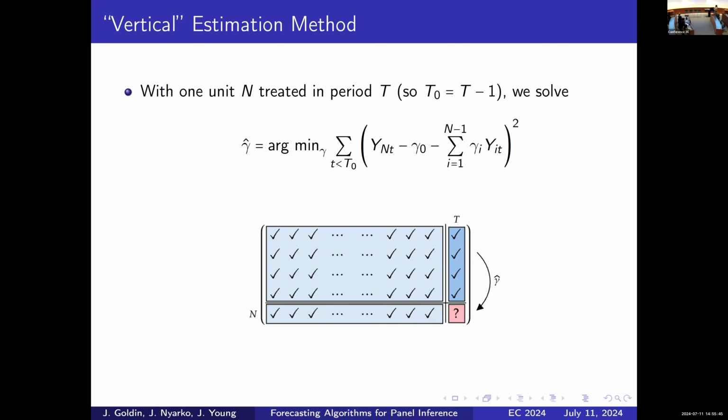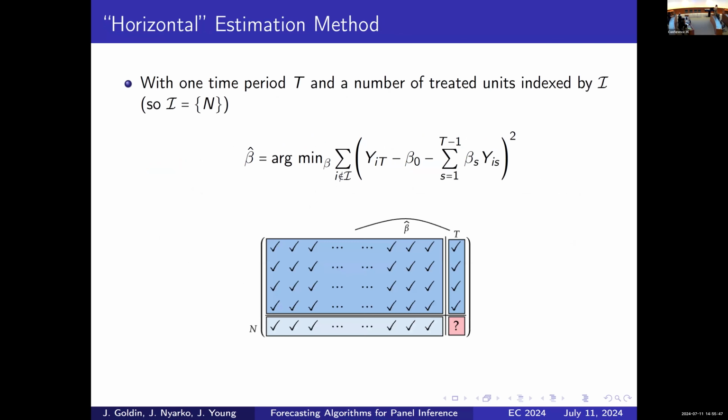The flip side of this is I can obviously go the other way around as well and learn a set of weights and apply those weights there. This assumes the opposite relationship, which is that the relationship across time is stable across units.